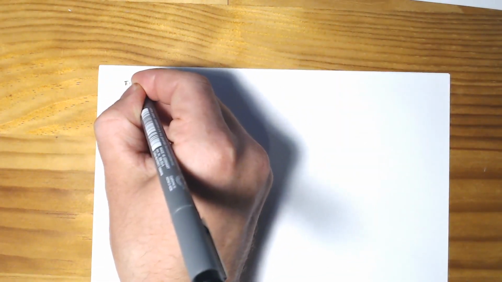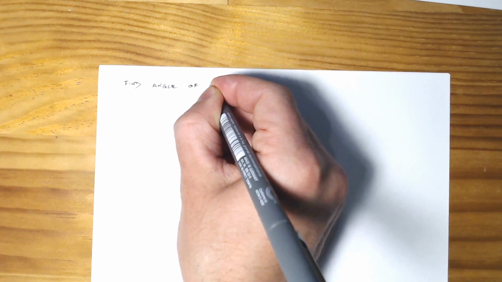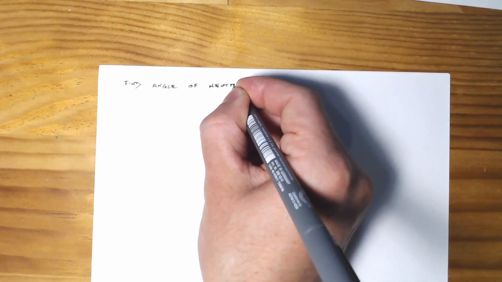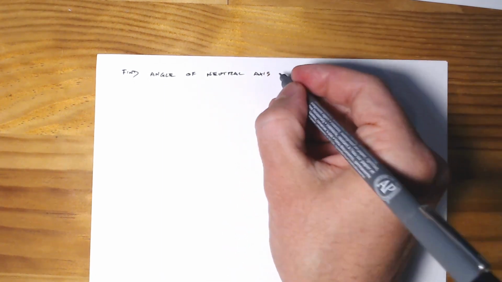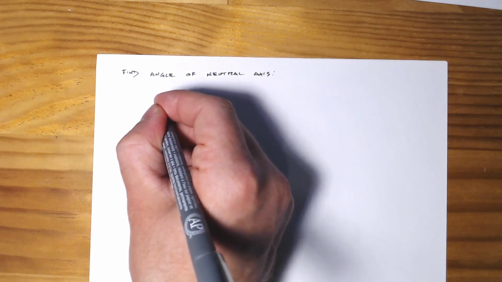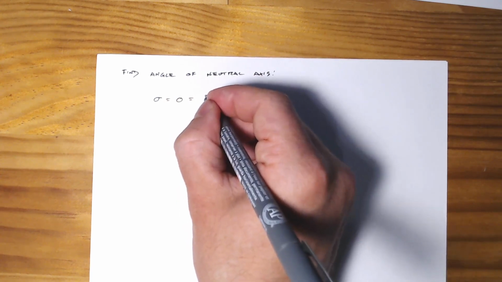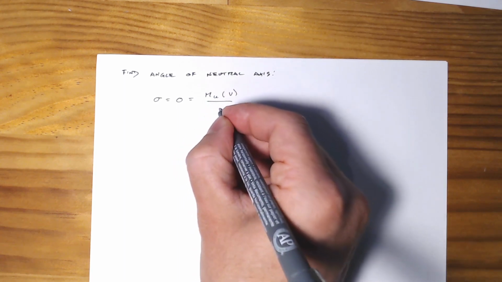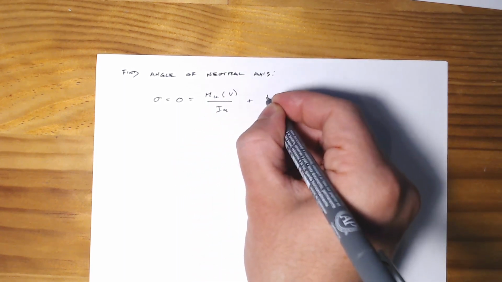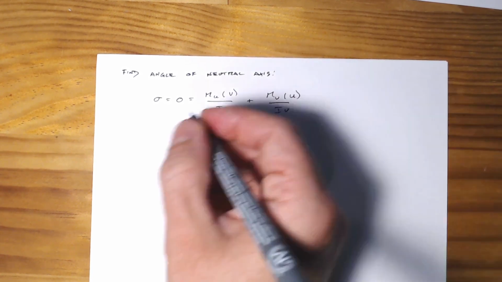So let's find the angle of the neutral axis. We'll have stress equals 0 equals M_u v over I_u plus M_v u over I_v.